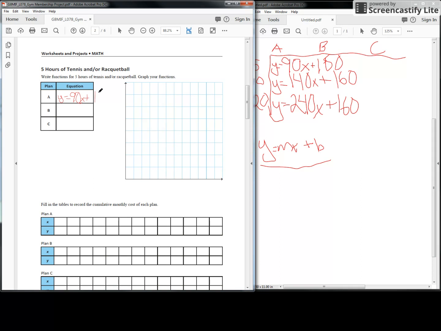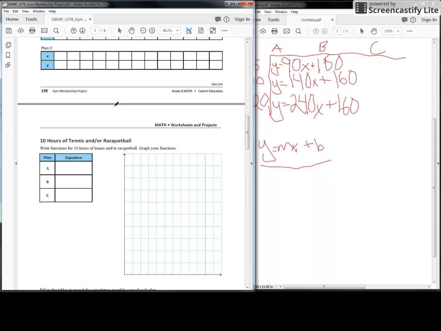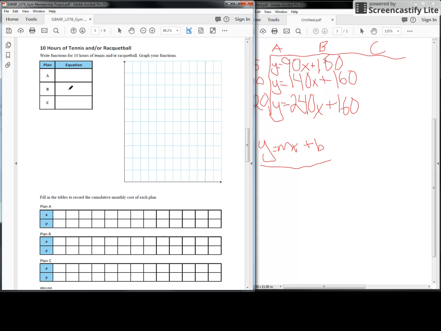And then I'm going to go to the next page. This is all about 10 hours of racquetball. If you play 10 hours of racquetball with Plan A, you're going to have y equals 140x. I'm getting this from the right-hand side, the work we already did. 140x plus that registration fee, which was 160.